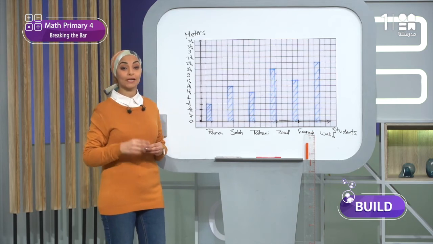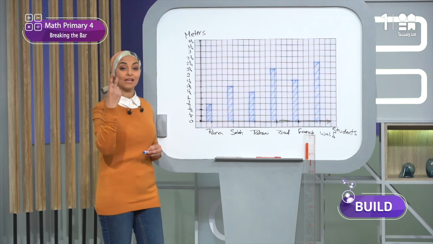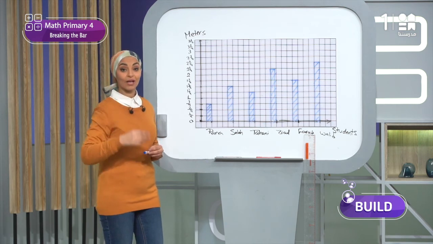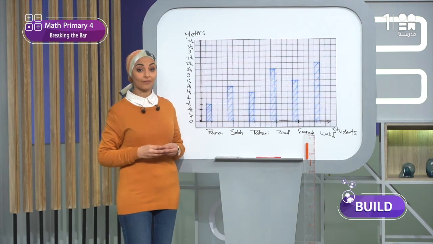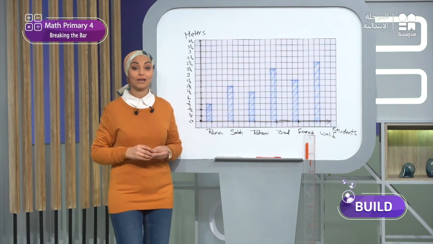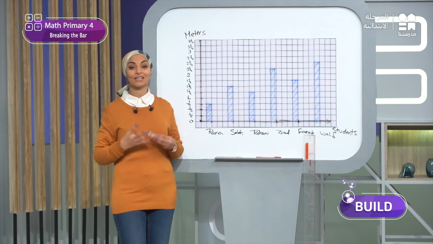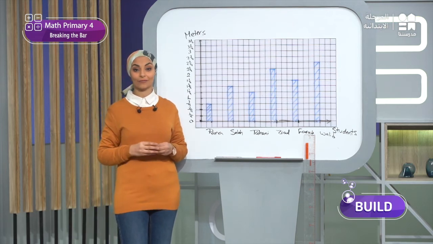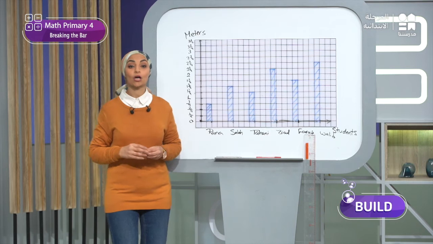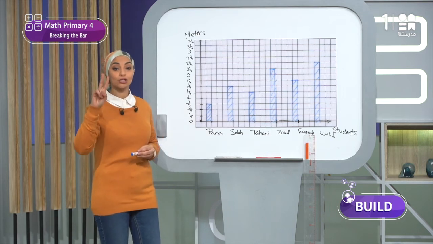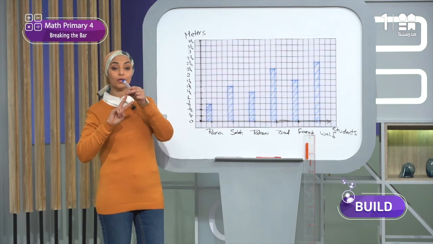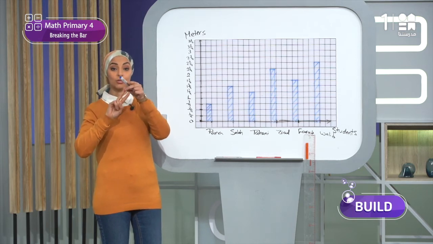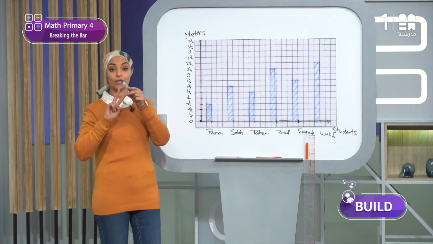We call this a double bar graph, when I have 2 bars. Do you know why we choose this double bar graph? Think about it. Why did we use the double bar graph? We used it because the 2 data sets show the distance recorded by the students in both rolls. It means I am comparing 2 sets or things related to each other.